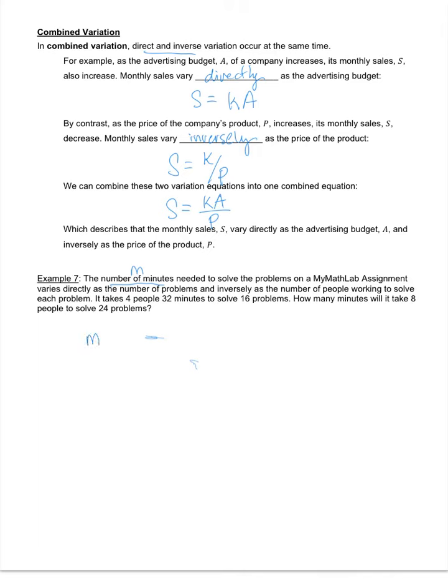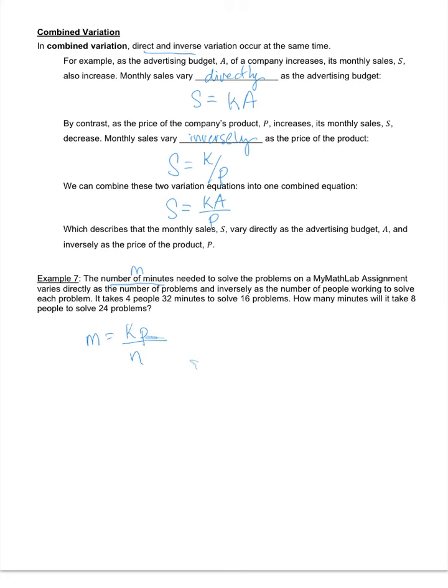The number of minutes needed to solve problems is directly proportional to the number of problems, which we will call P, and inversely proportional to the number of people working to solve each problem, which we will call N.